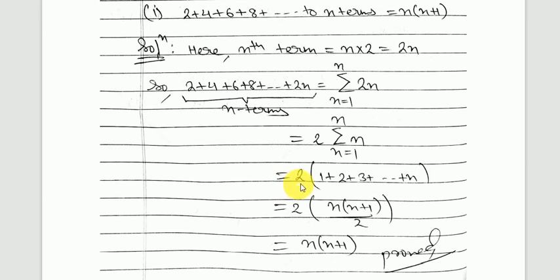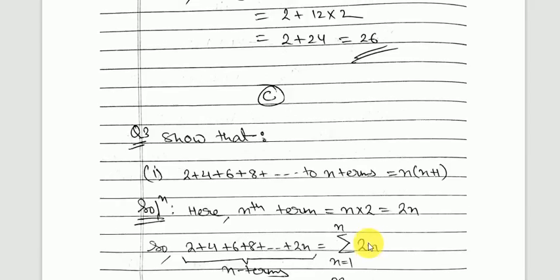So I get 2 into in bracket 1 plus 2 plus 3 plus up to n, and you know this sum is given by n into n plus 1 upon 2. Now this 2 and this 2 will get cancelled, so we are left with n into n plus 1. So that's how this is proved.